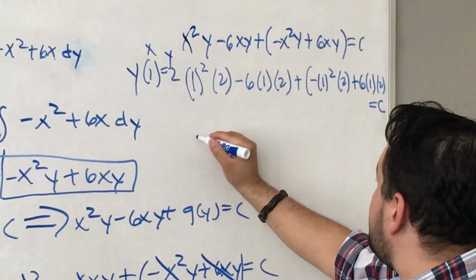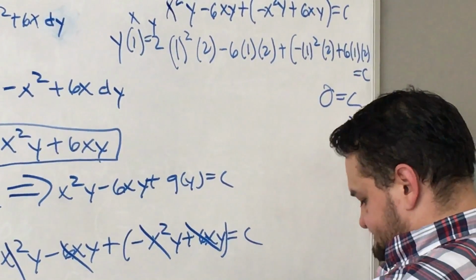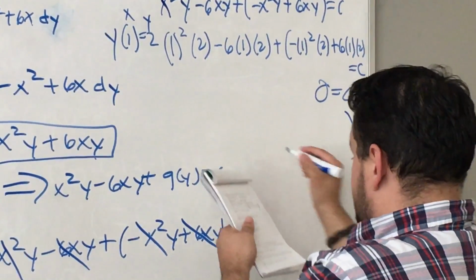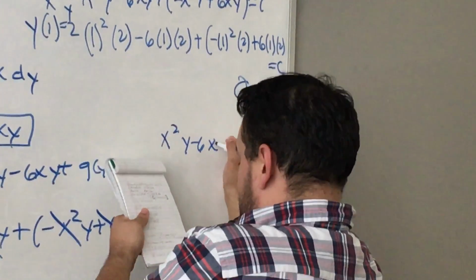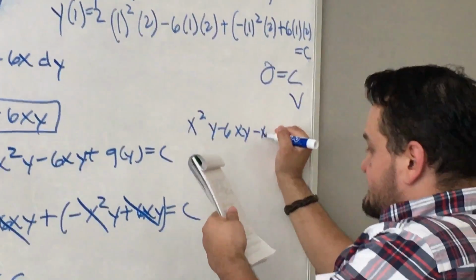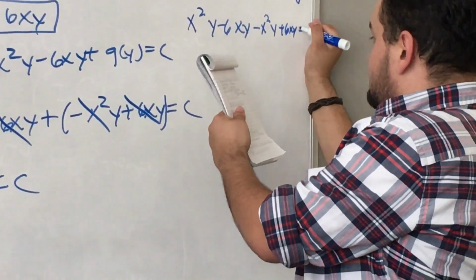Once we simplify all that, we see that 0 equals c. So therefore, x squared y minus 6xy minus x squared y plus 6xy equals 0.